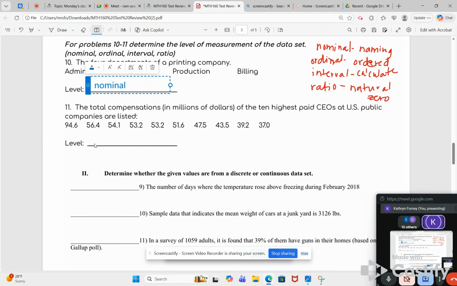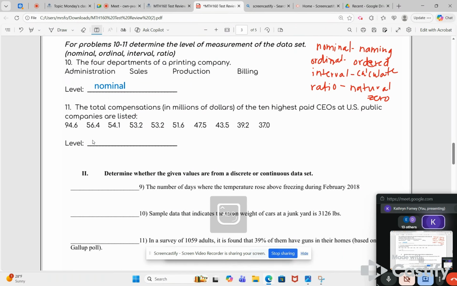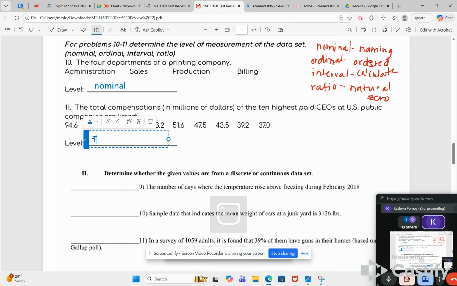This is their salaries. Your income would be ratio, because if they had zero, that meant they were probably fired. But obviously, if I'm working, I expect money. So ratio.